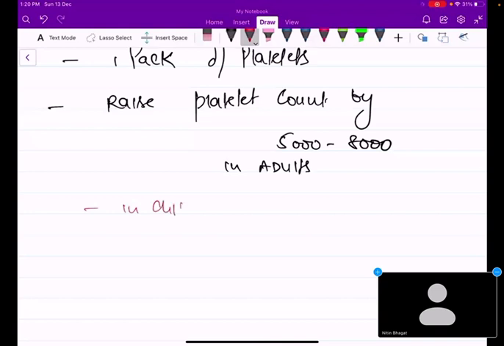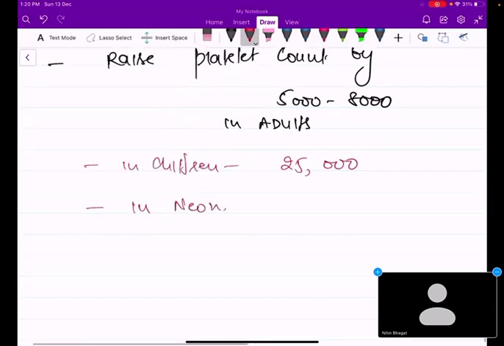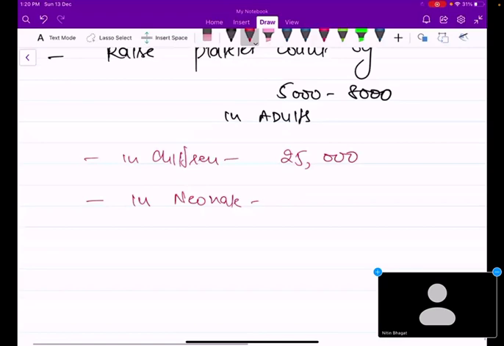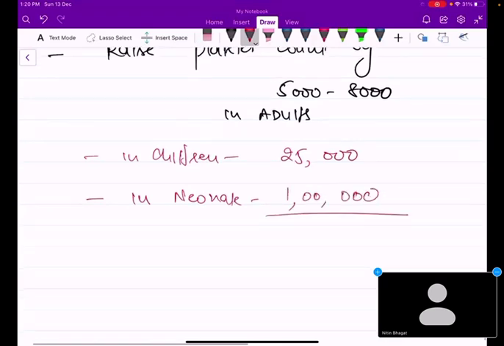In children, it will raise the count by 20,000. In neonates, 1 pack can raise the platelet count by 1 lakh. Fine.